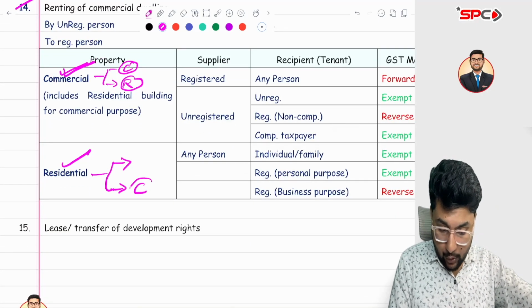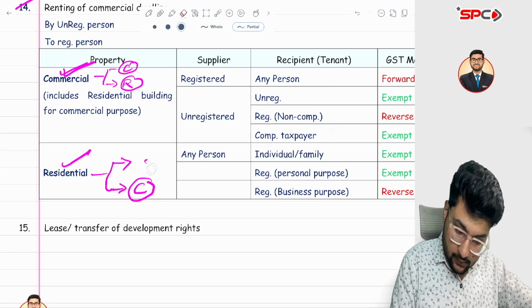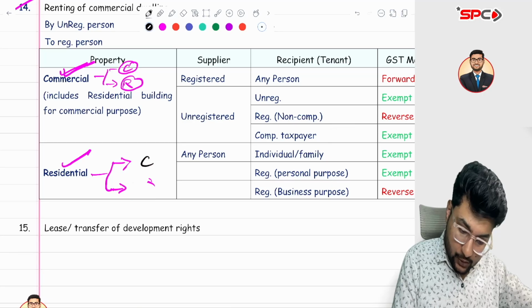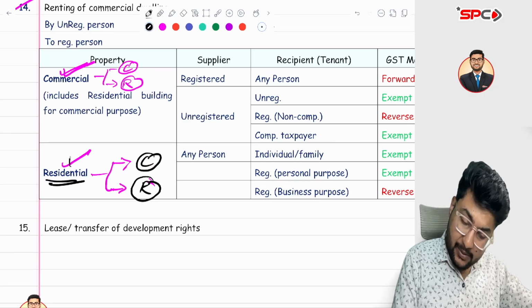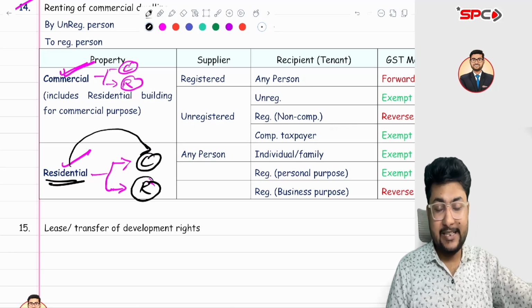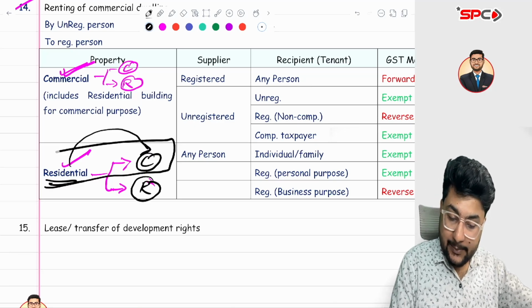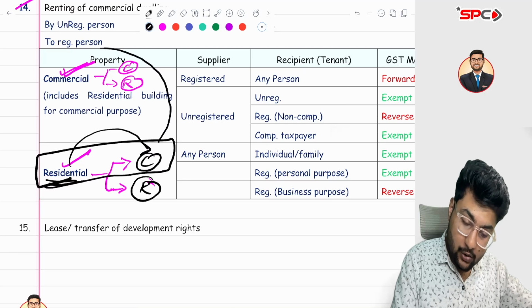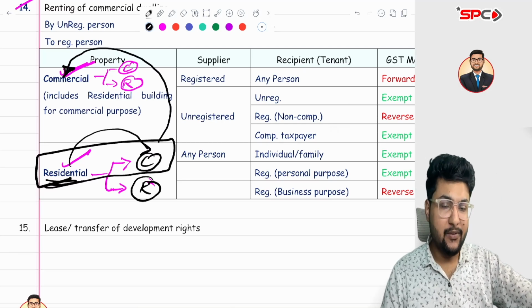You can use it for commercial and you can use it for residential. If you are using a residential property for a commercial purpose, then this case specifically goes to commercial. It is treated like a commercial property because you are using it for commercial.